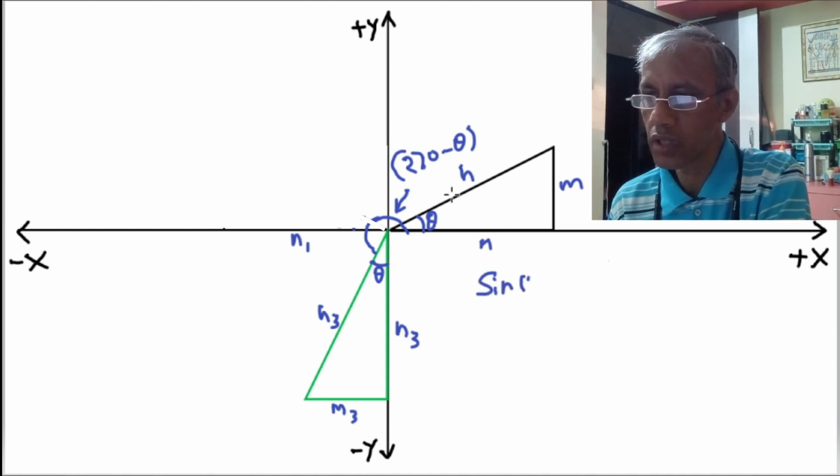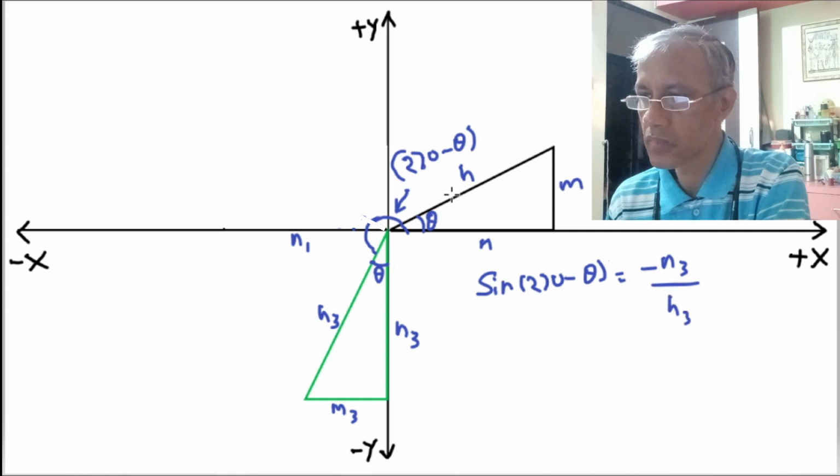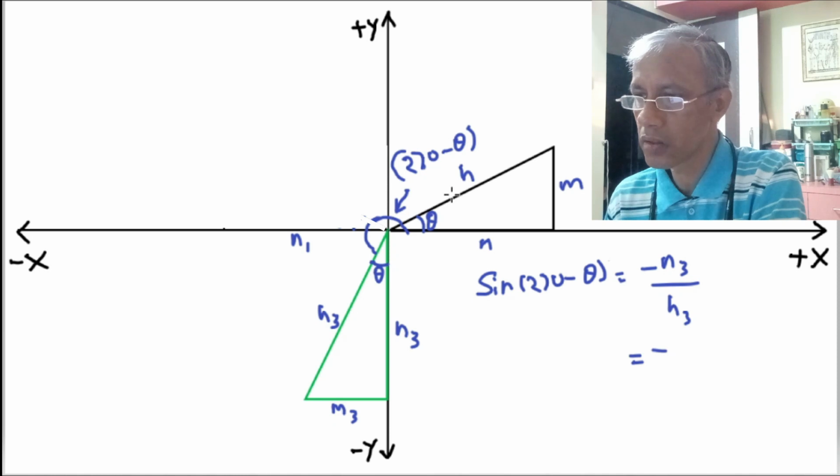Sine of 270 minus theta is the perpendicular, now minus n3, upon the hypotenuse h3, that is equal to negative of n upon the hypotenuse, the cosine function with the negative sign.